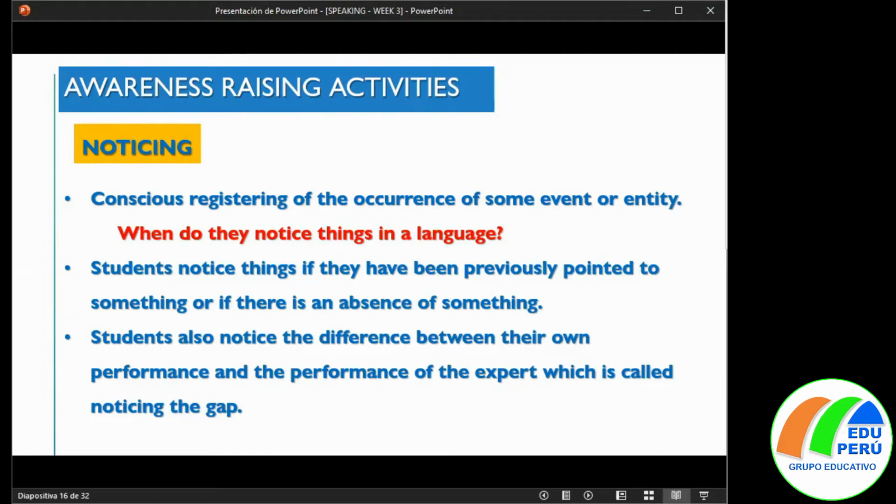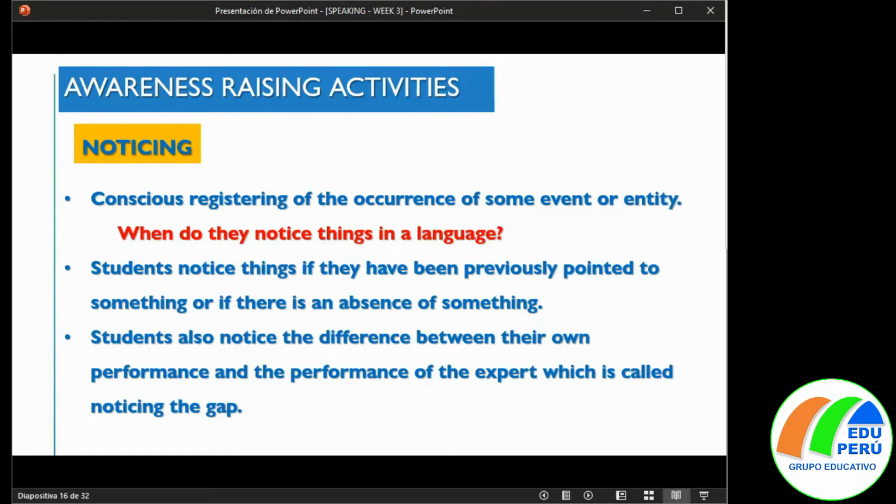And finally, they recognize the difference between their own performance and other people's performance. Maybe the teacher, the classmate, or a native speaker. So you are noticing, all right? So remember, attention, noticing.